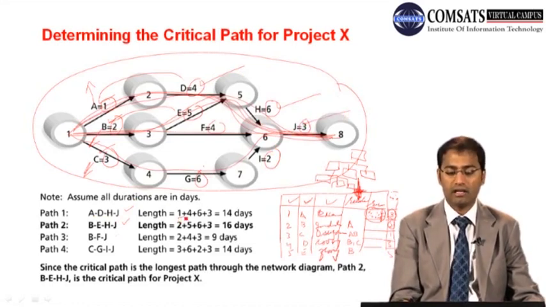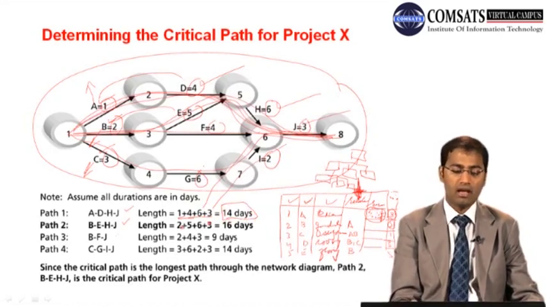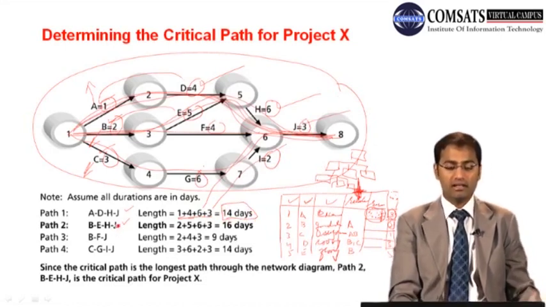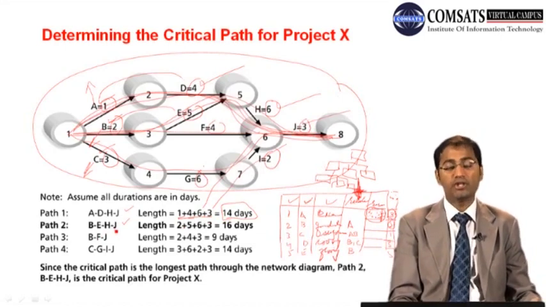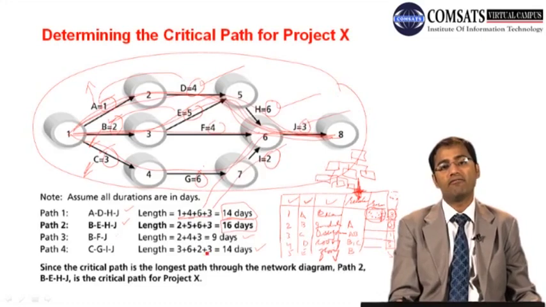So I have 1 plus 4 plus 6 plus 3, and that is 14 days. Similarly, for the path B, E, H, J, the total length is 16 days, and similarly we have the durations of the other paths as well.